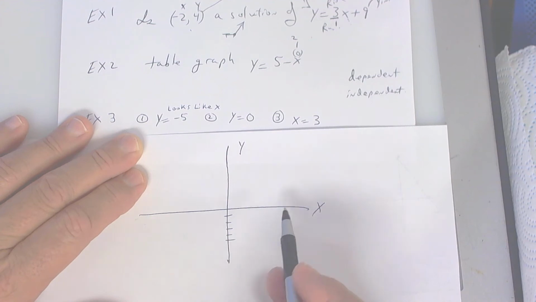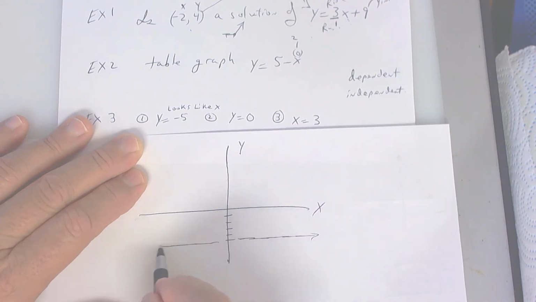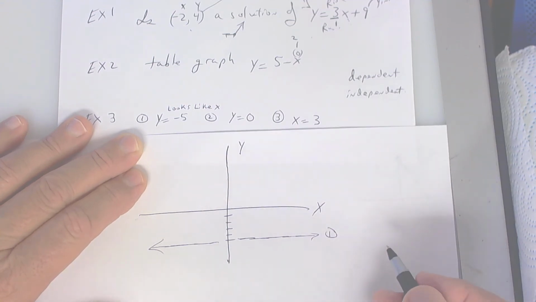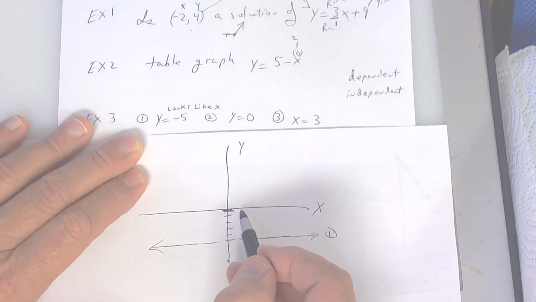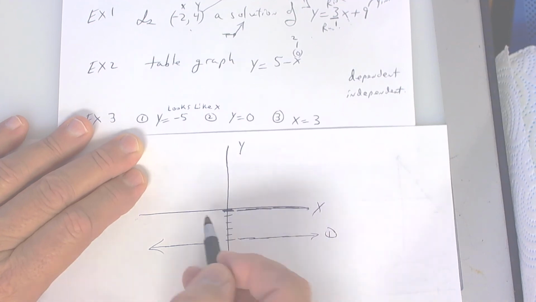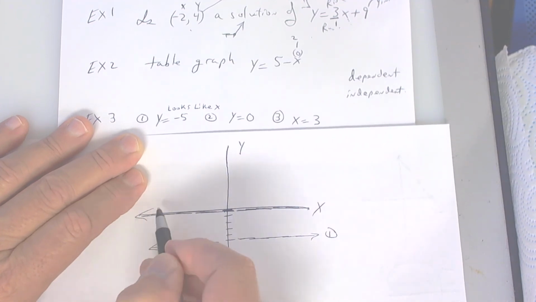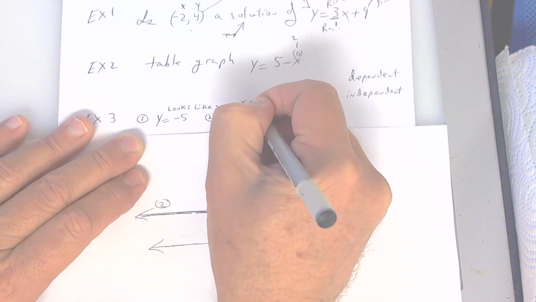The x-axis is flat. So this is number 1. And that's a 0 slope. If it says y equals 0, 0 is right here. Okay, that's your y. So y equals 0 is really the x-axis.